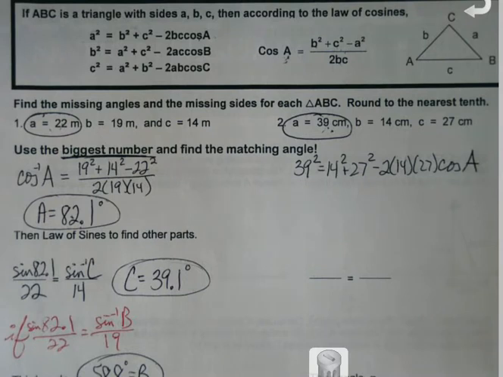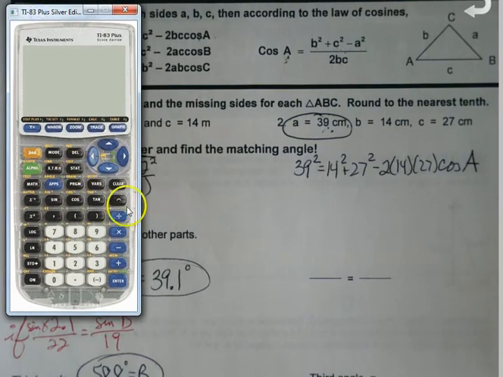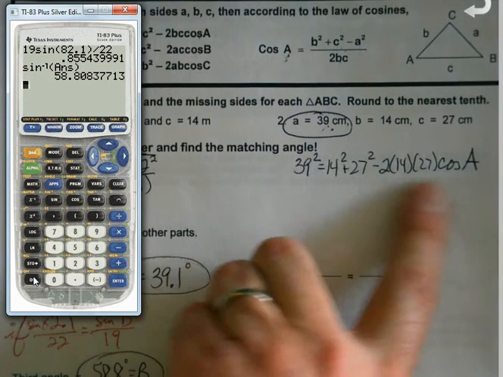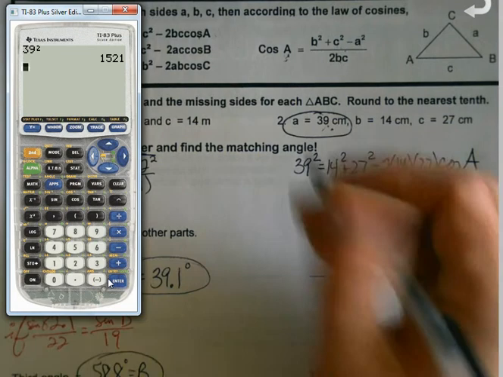Okay. Here's the only thing with all of this that I don't necessarily like, why I might like the fraction a little bit better. Because it doesn't give me the flexibility to type this whole thing in at once, and I'll show you why. So I'll get my 39 squared. Okay, so I got this side.